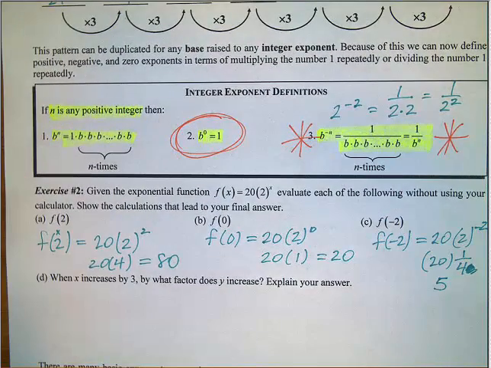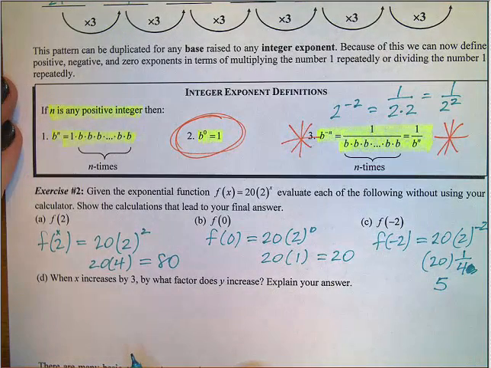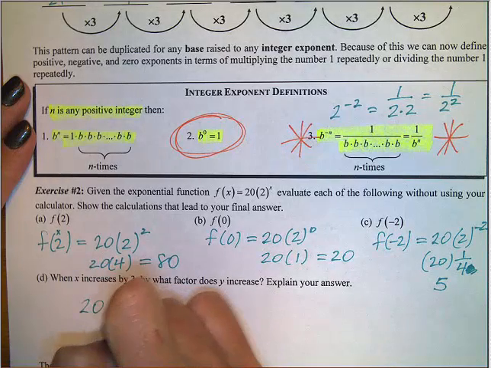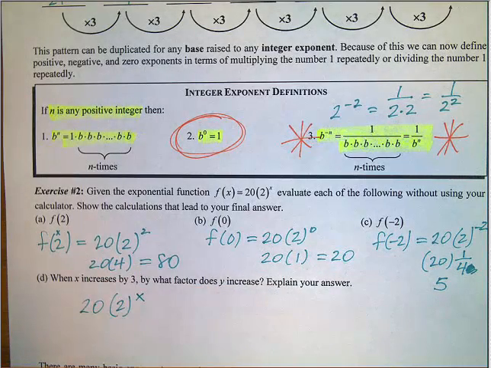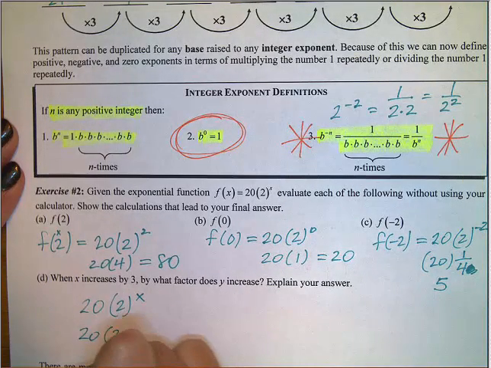So when x increases by 3, by what factor does y increase? And explain your answer. Well, let's look at this. If I have 20 times 2 to the x, and then I increase x by 3. So say I have 20 times 2 to the first.